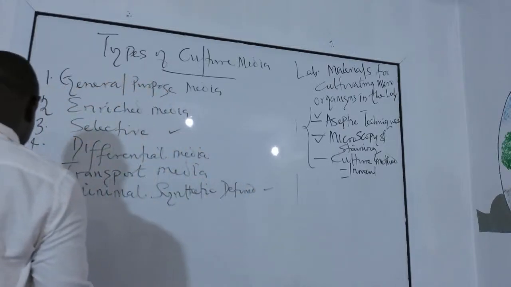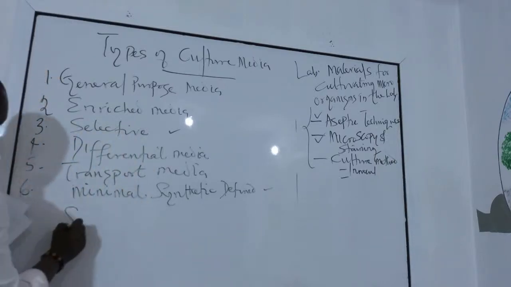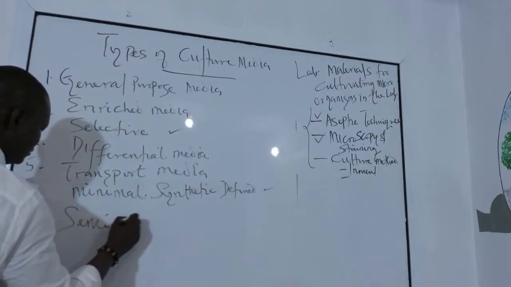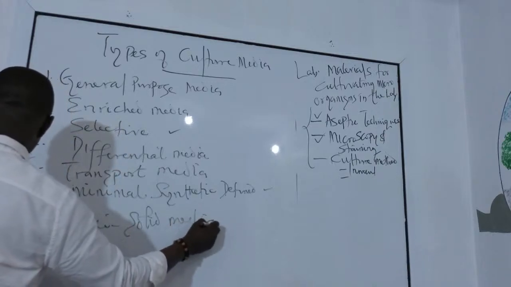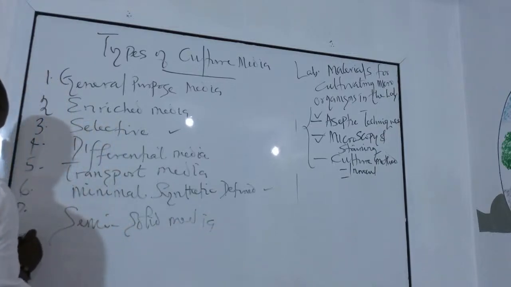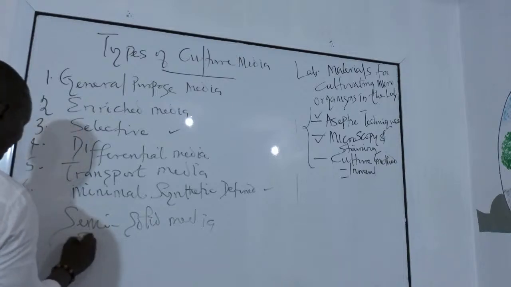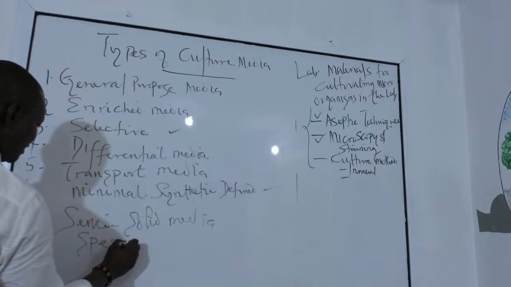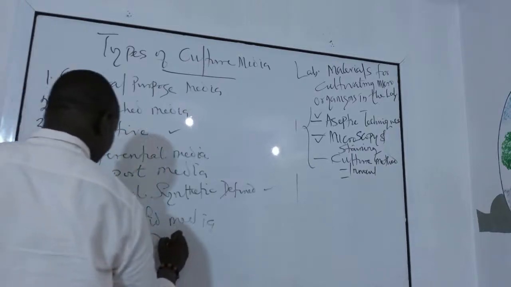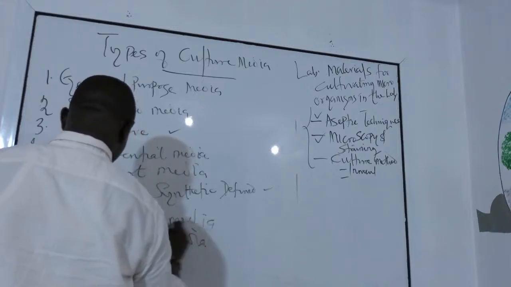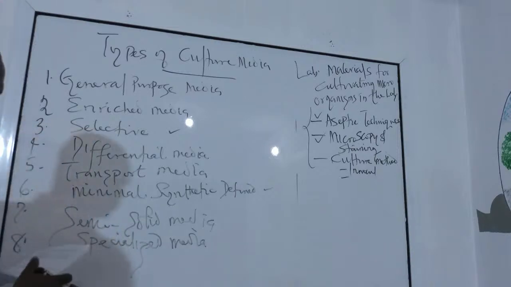The 7th one is semi-solid media. Then the 8th one, I said we have 9, is what is called specialized media. So we are going to see examples of this and what are the factors that determine which one we are going to use.